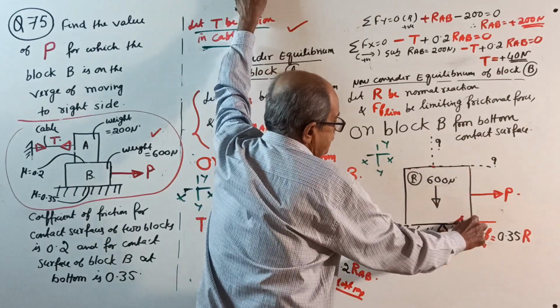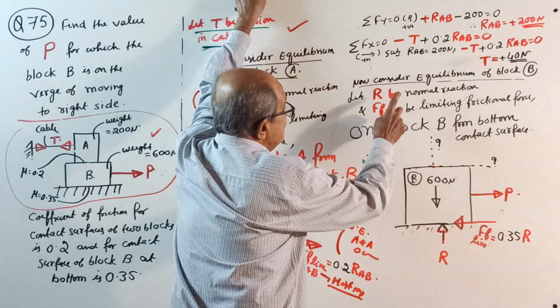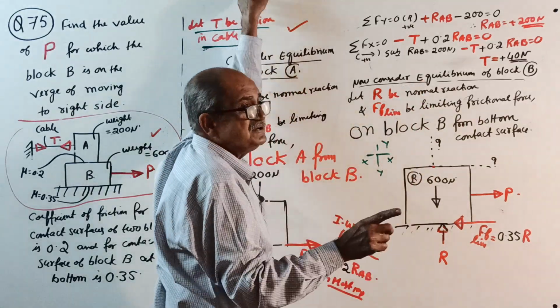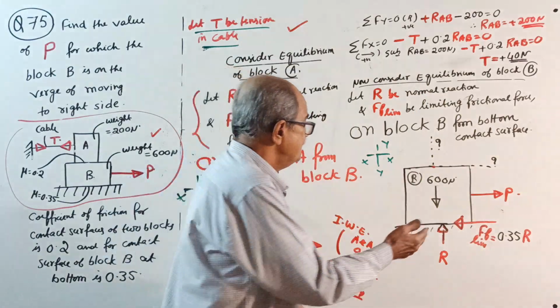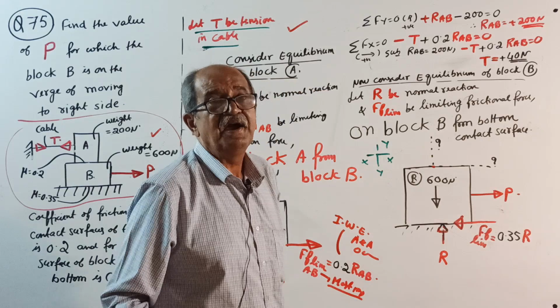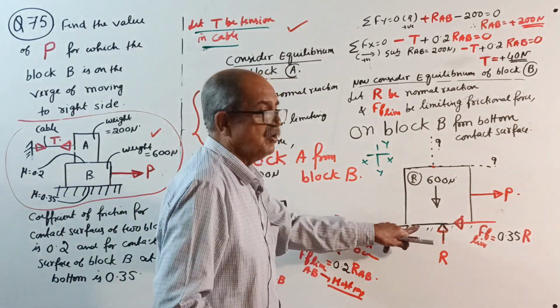See here, block B. Very careful. First consider block B resting on the bottom horizontal surface, or ground. You can say ground surface. It's not a ground actually.